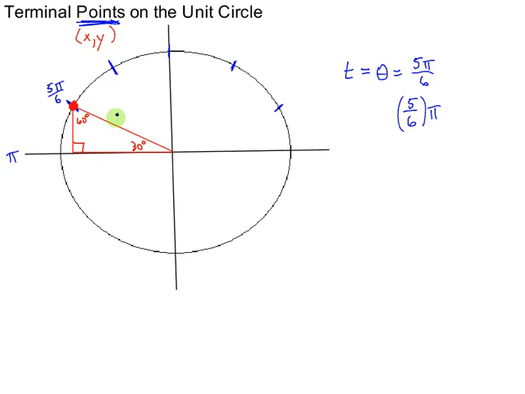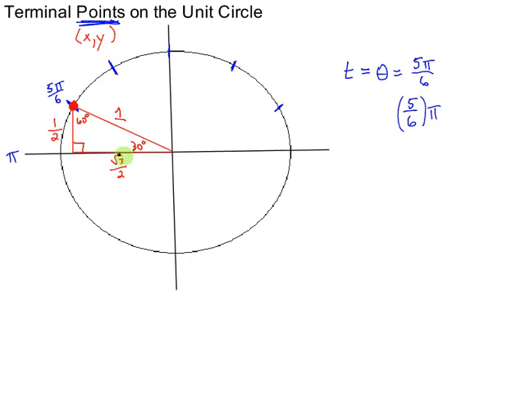Now the radius of the unit circle is 1, so this hypotenuse is length 1 because it's from the center to the point on the circle. If the hypotenuse is length 1, then that means in a 30, 60, 90, the short side is half of that, and the long leg is the short leg times the square root of 3. So you have 1/2 times the square root of 3, which is the square root of 3 over 2.